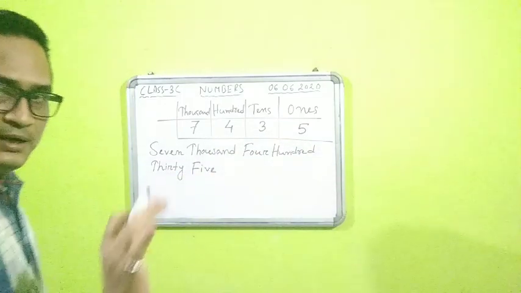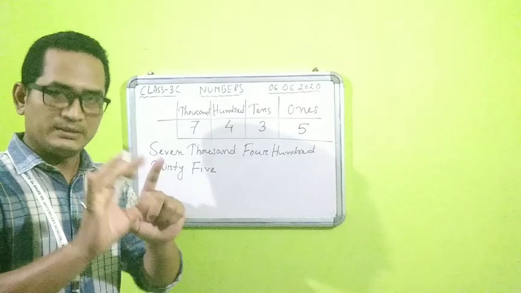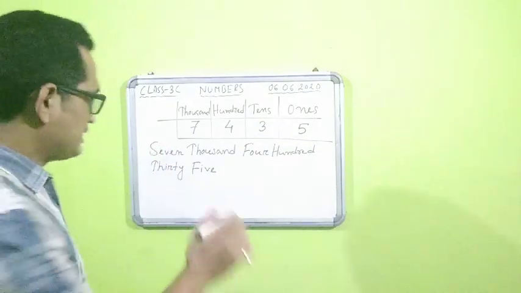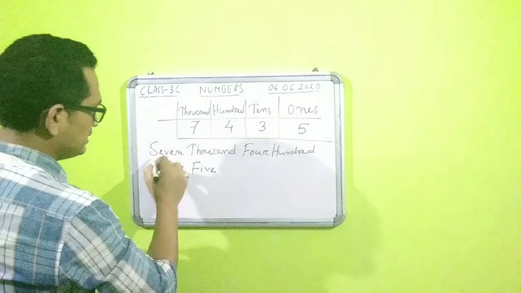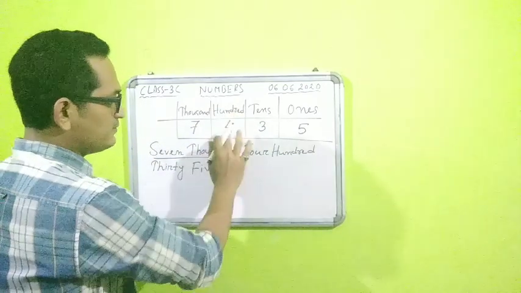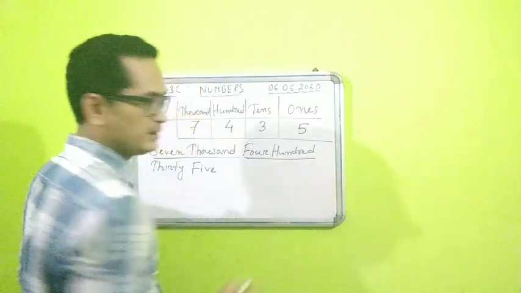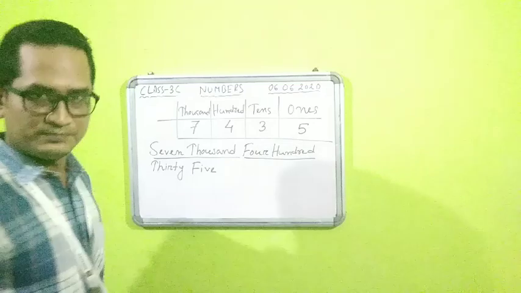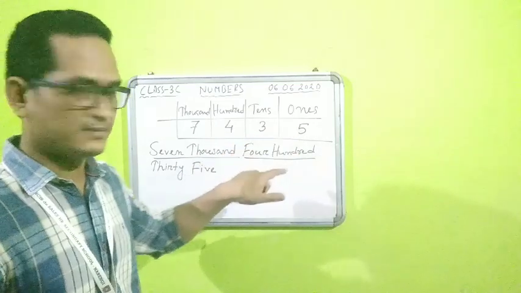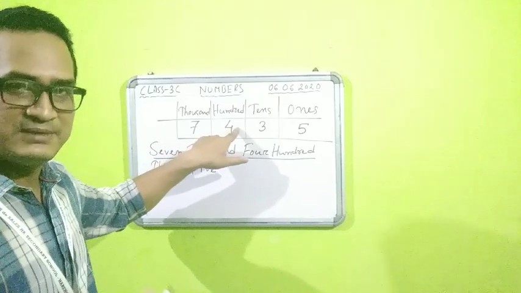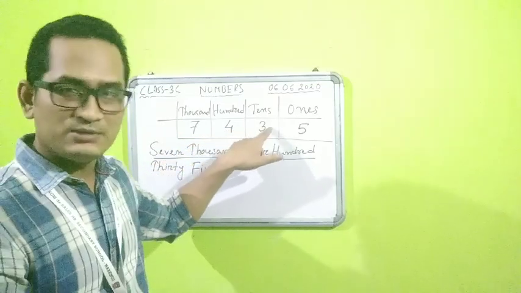So students, if you break this number by its place, then it will be very easy to read it out. That means we have to say how many thousand? 7000. So this is one part done. How many hundred? 400. So this is one part, that is the hundreds part, done. Then these two you have to say together. This cannot be said singly. Here 7000 I am saying separately, 400 I am saying separately, but 3 tens you cannot say.